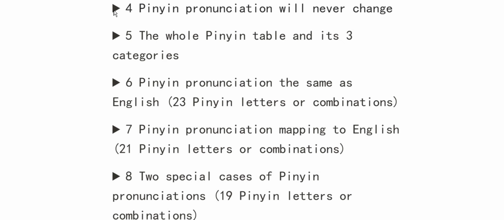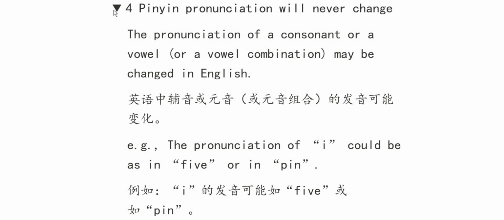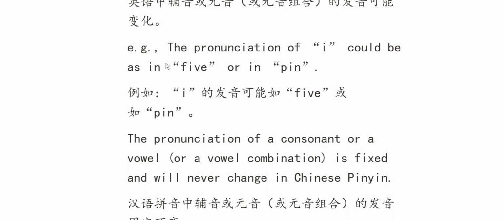Pinyin pronunciation will never change. So the pronunciation of a consonant or a vowel combination may be changed in English. For example, the pronunciation of English letter I could be as in five or as in pin.